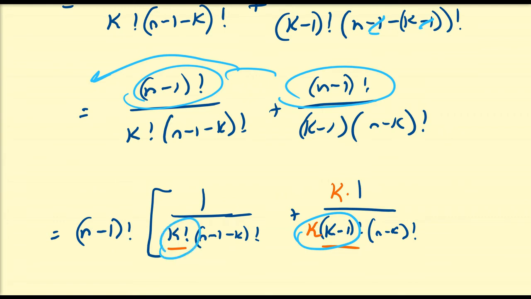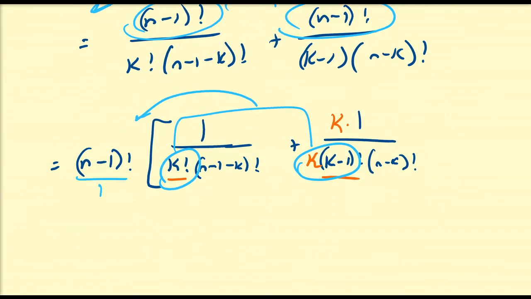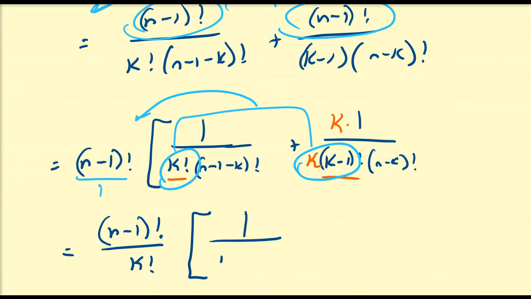So I'm going to factor the k factorial out of the fraction as well, and keep in mind this is going to be on the bottom. So now this gives us n minus 1 factorial over k factorial multiplied by 1 over n minus 1 minus k factorial plus k over n minus k factorial.